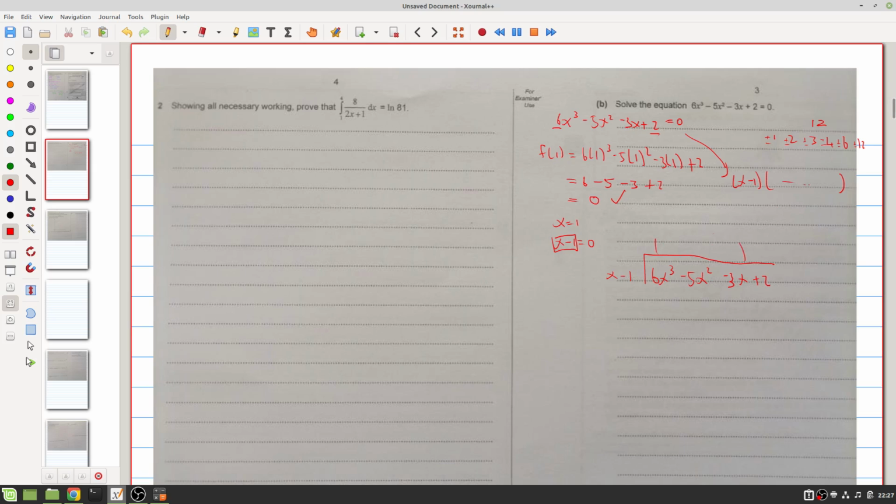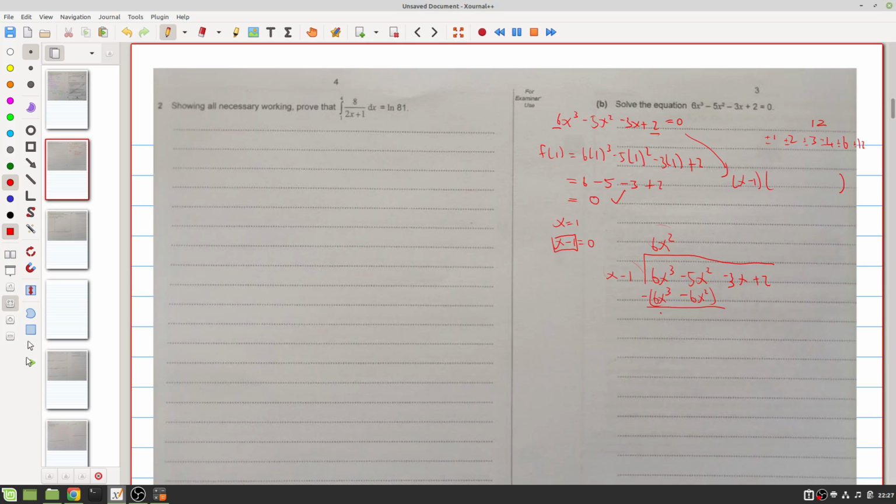So that's what's going to be in this bracket. All right, so let's do that. 6x cubed divided by x is going to be 6x squared. Times this by this whole front part. So 6x squared times x is 6x cubed. 6x squared times negative 1 is negative 6x squared. And now we're going to subtract this. So 6x cubed minus 6x cubed is nothing.